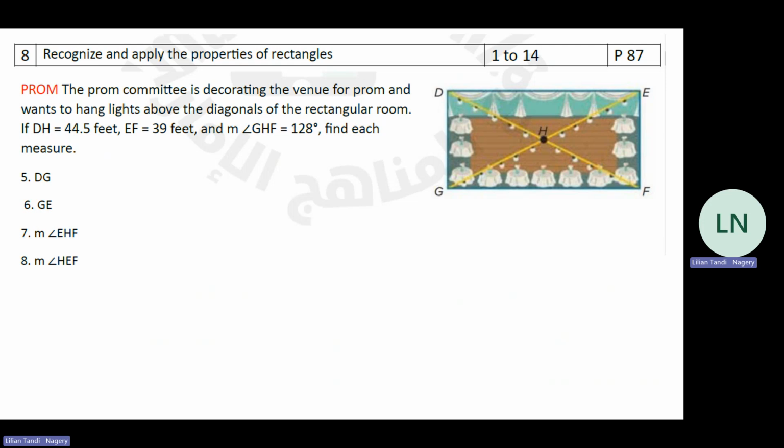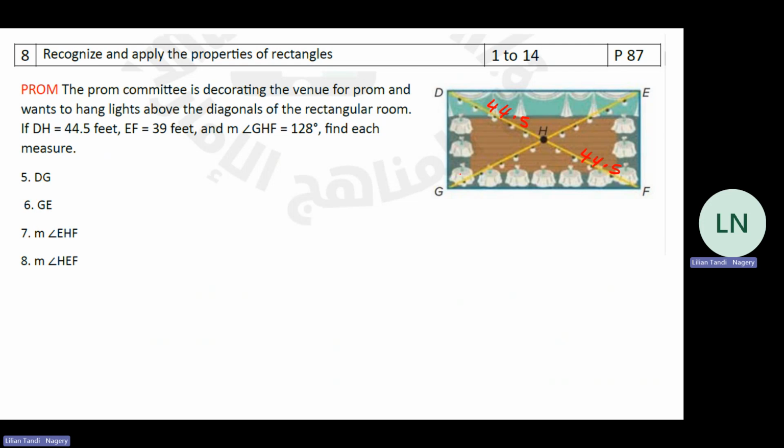The prom committee is decorating the venue for prom and wants to hang lights above the diagonals of a rectangular room. DH is 44.5. So HF must also be 44.5 because diagonals are congruent and bisect each other.